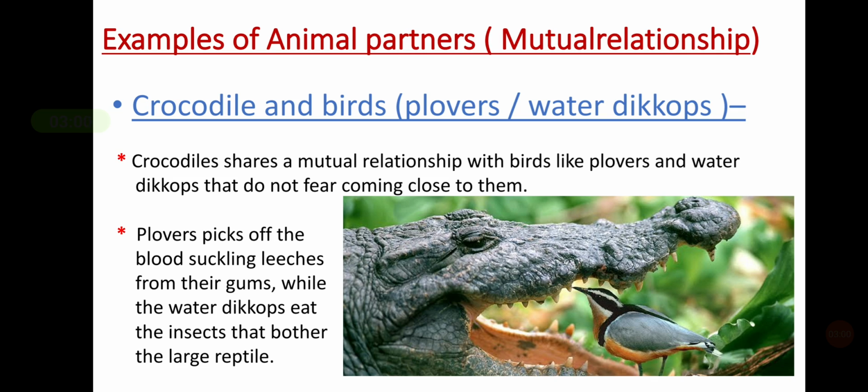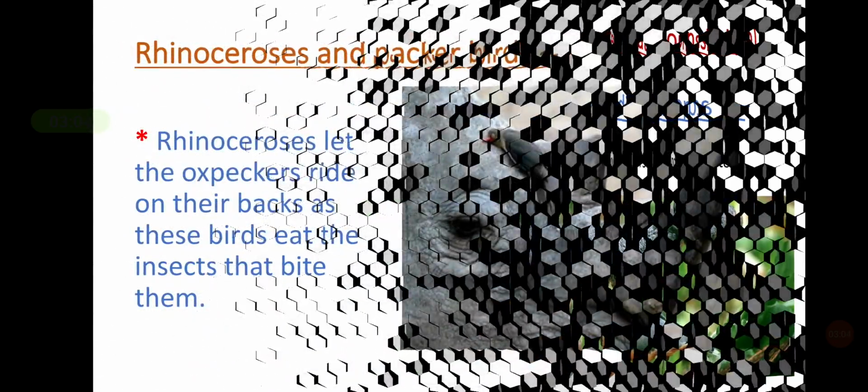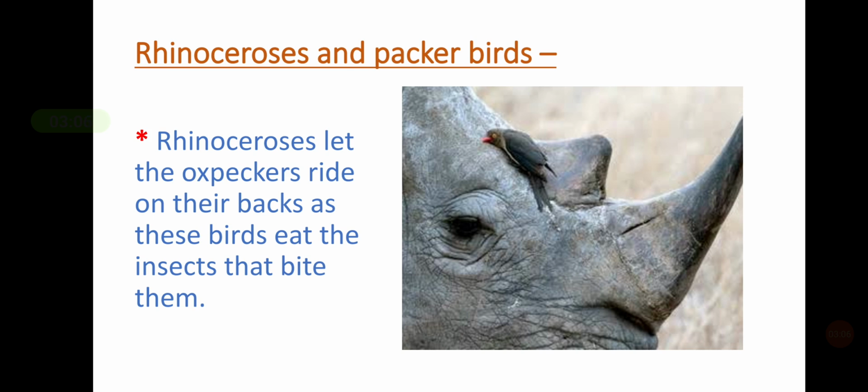So let's see what our next example is. Next example is rhinoceroses and oxpecker birds. Here, like crocodile and plovers, rhinoceroses let the oxpecker ride on their backs as these birds eat the insects that bite them.